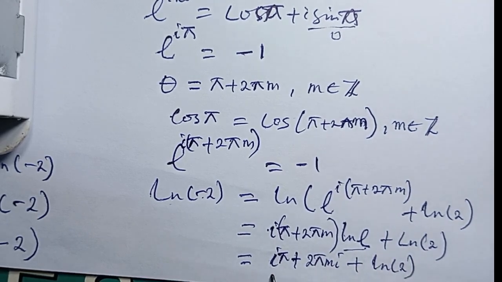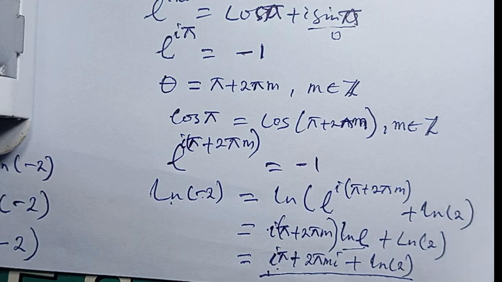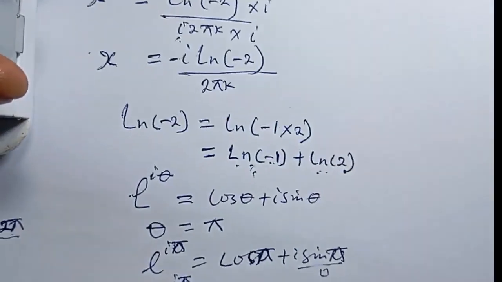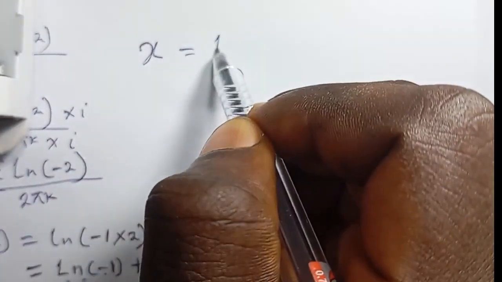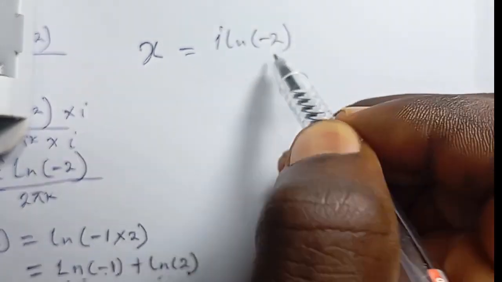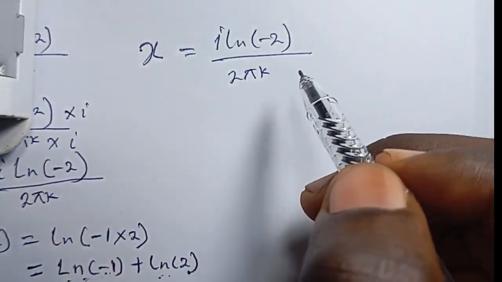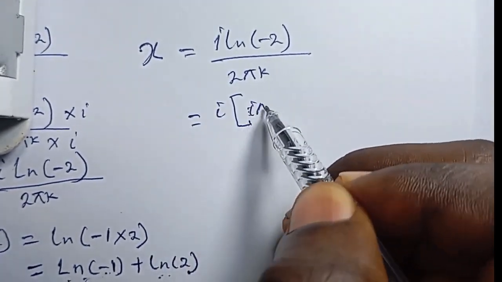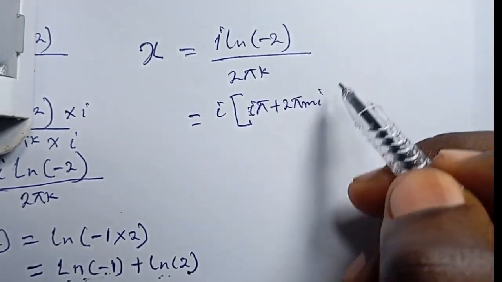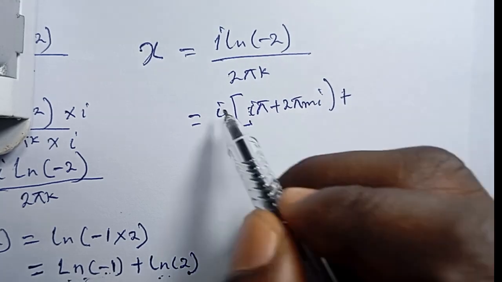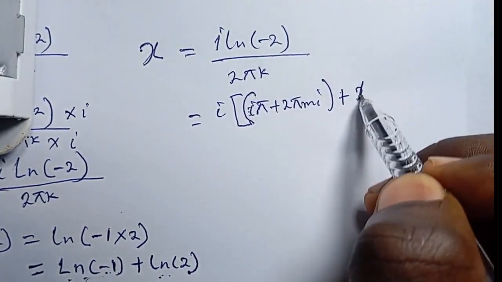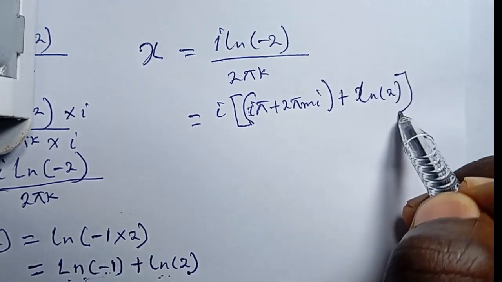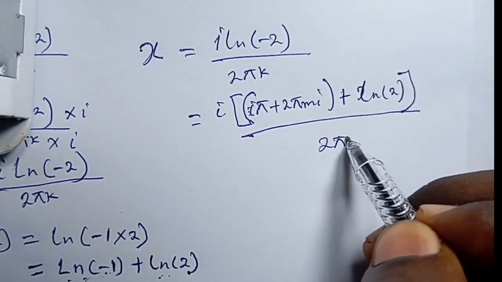So I replace the natural log of negative 2 with this expression, so that our x, which we got as i natural log of negative 2 divided by 2 pi k, changes to i into i pi plus 2 pi m i, plus natural log of 2, all divided by 2 pi k.